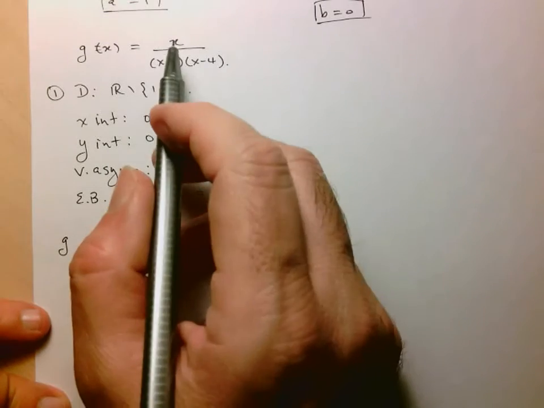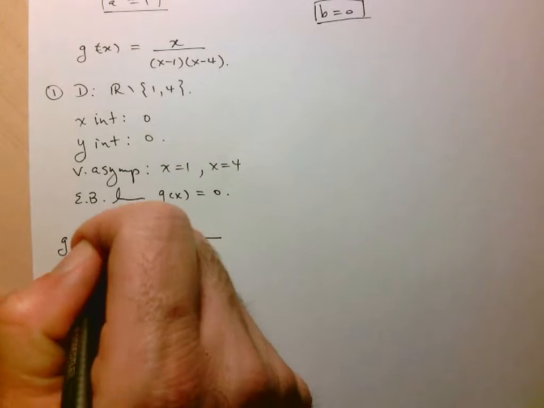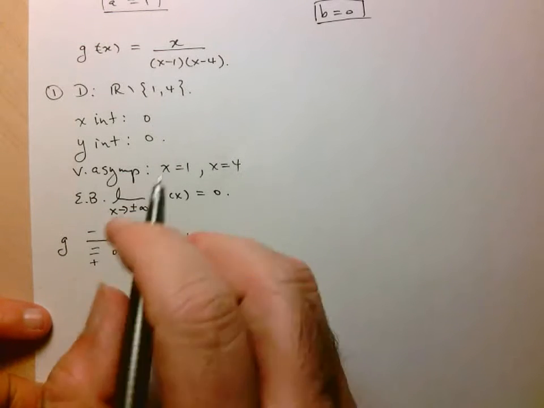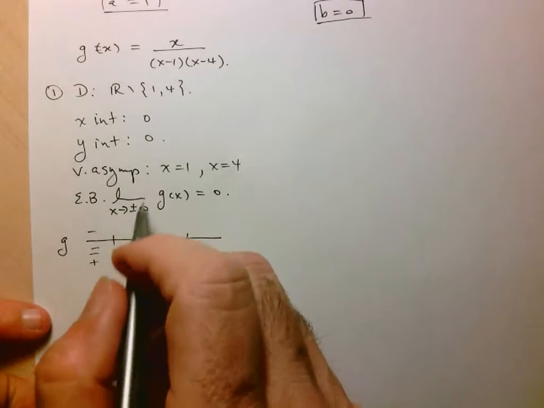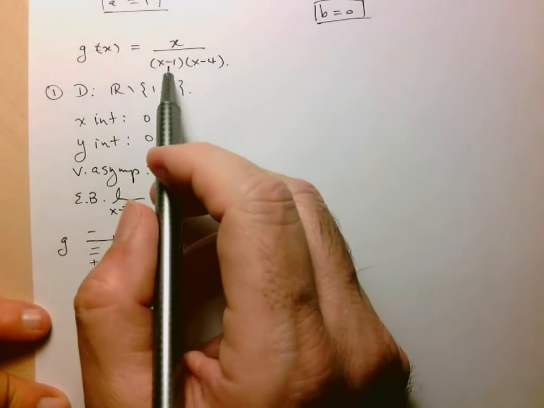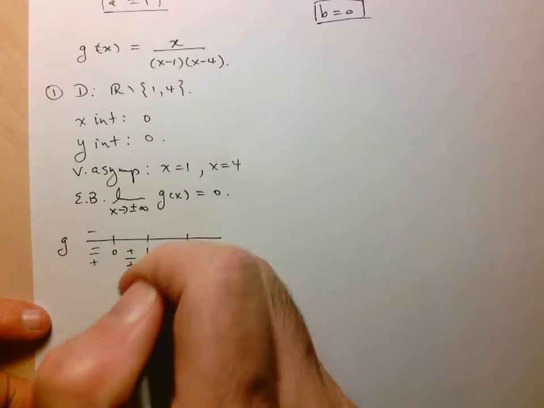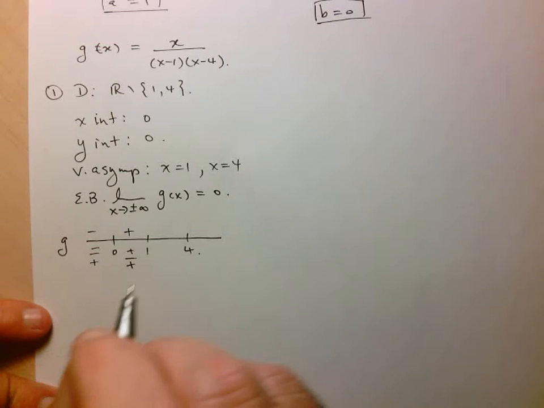Okay, so if we put in -1, we've got negative, and these are both negative, so negative over positive. Function's got to be negative there. We put in 0.5, so we have numerators positive and denominator, well, they're both negative, so negative times negative is positive, so the result is positive.